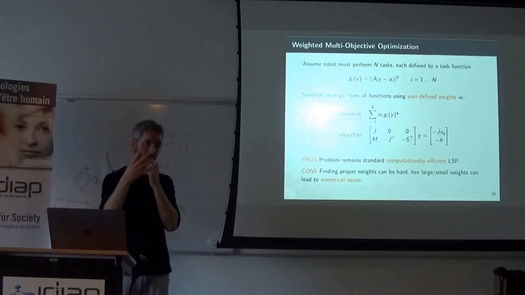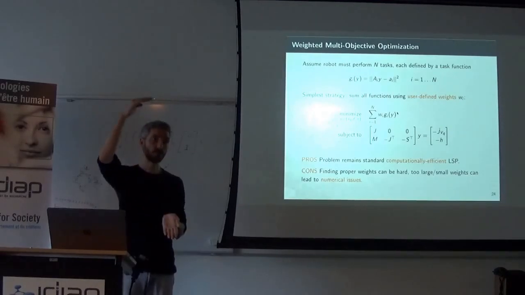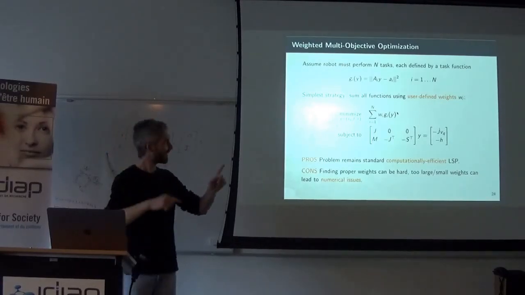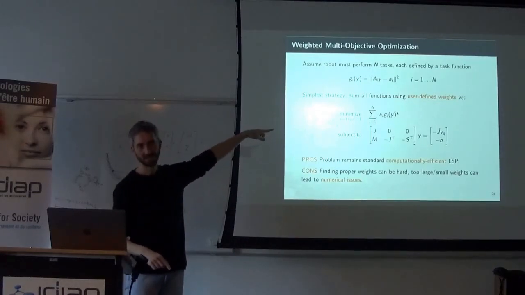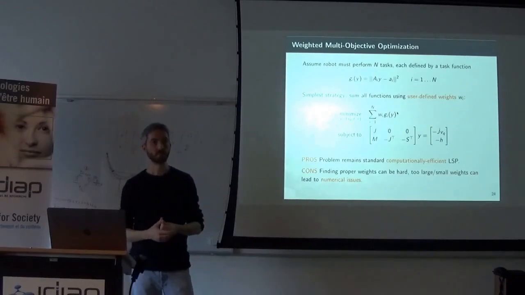Assume you have 4 tasks, and you want to keep a ratio of 1,000 between each task. You get to a ratio of 10 to the power of 12 between the most important and the least important task. And 10 to the power of 12 inside your Hessian matrix can lead to numerical issues.